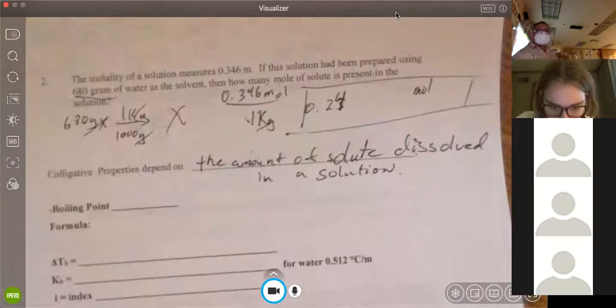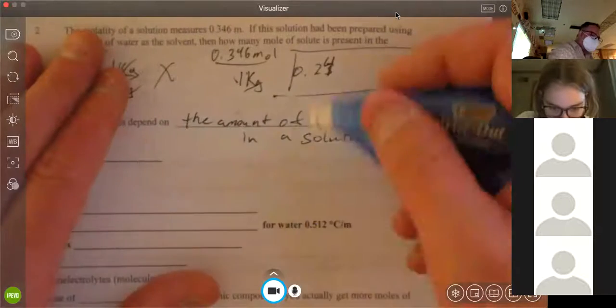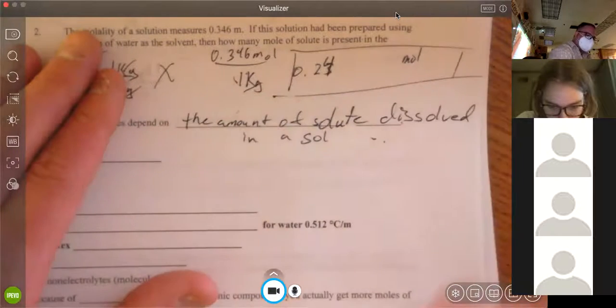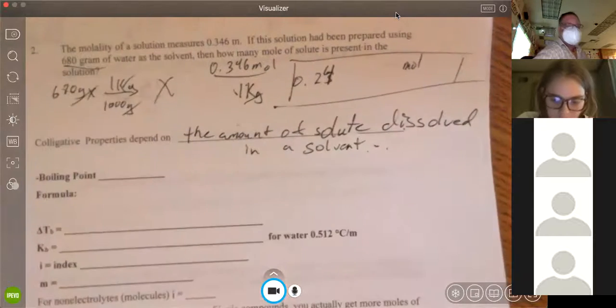So if we take, for example, water, actually, let's change this. Let's put in a solvent. Sorry, I'm going to change that to solvent. We take water. Water is our solvent.